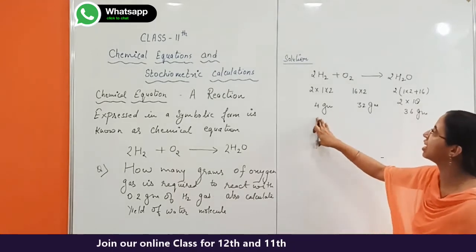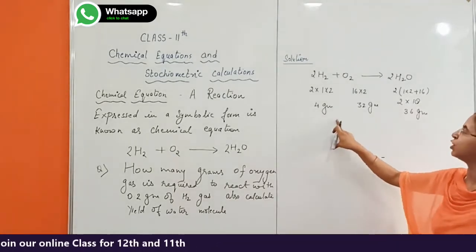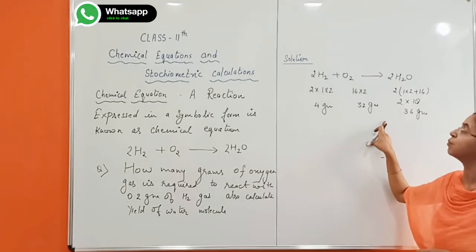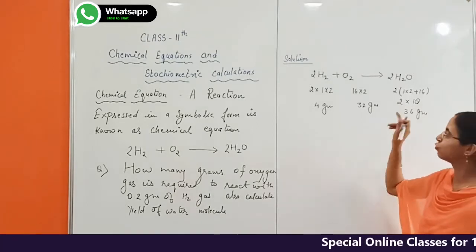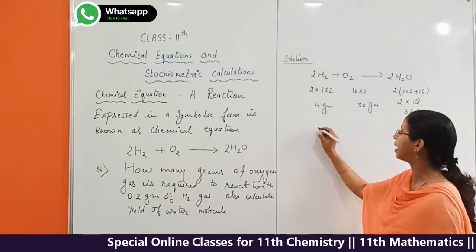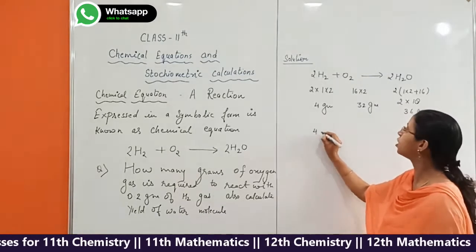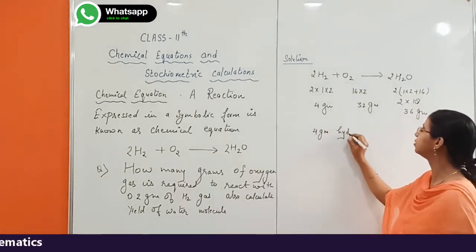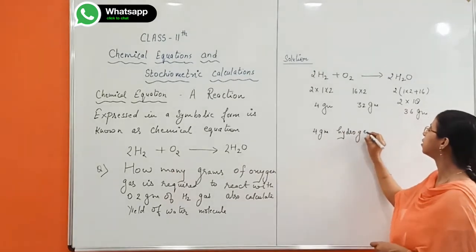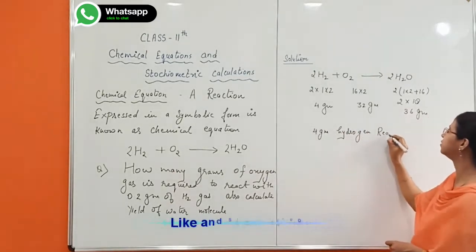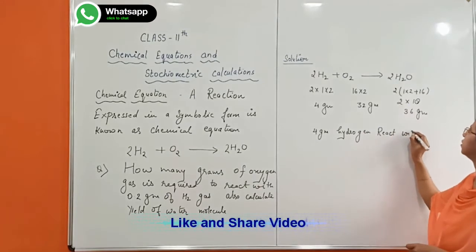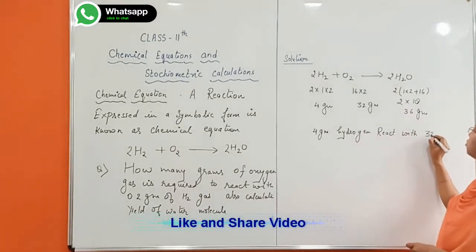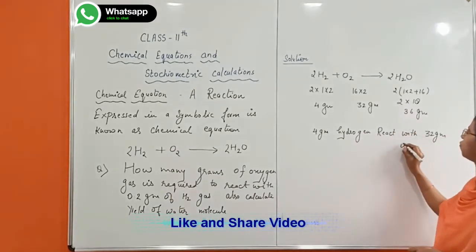So it is given here that 4 gram of hydrogen reacts with 32 gram of oxygen. So we will write here that 4 gram hydrogen reacts with 32 grams of oxygen.